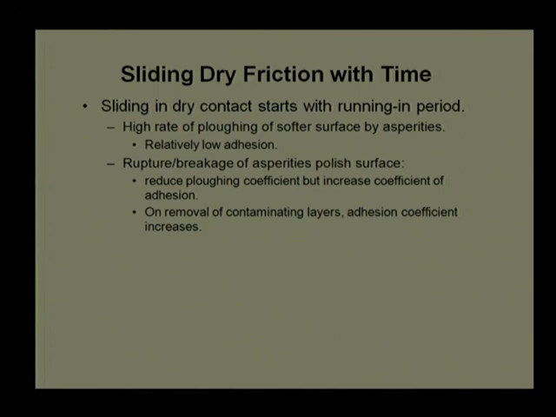What is the meaning of that? At the start there will be some coefficient of friction, but that will change. That will be different from the steady or kinetic coefficient of friction. So, there is a slight confusion in terminology. When we say static coefficient of friction, that is at the start, before running-in time.